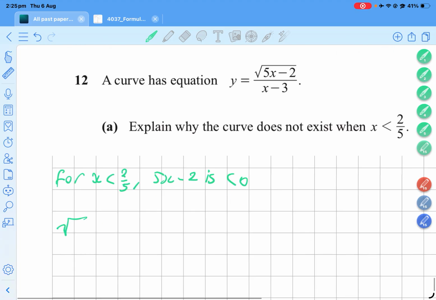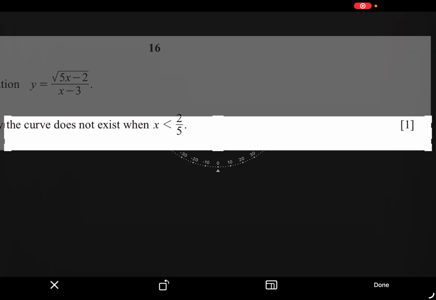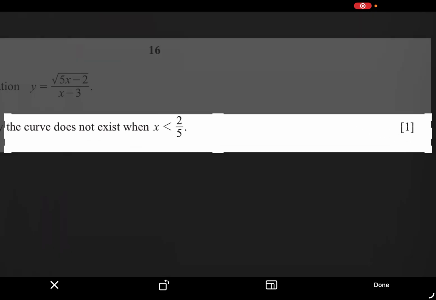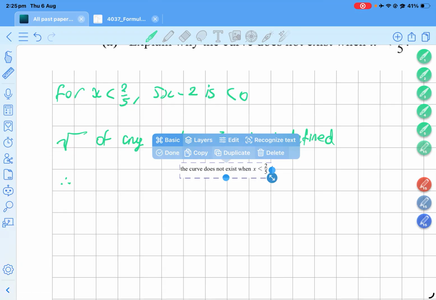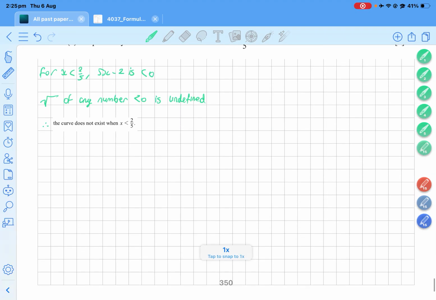Root of any number less than 0 is undefined. Therefore, the curve does not exist when x is in this range. So just write down the statement that they've said. And that's as simple as that.